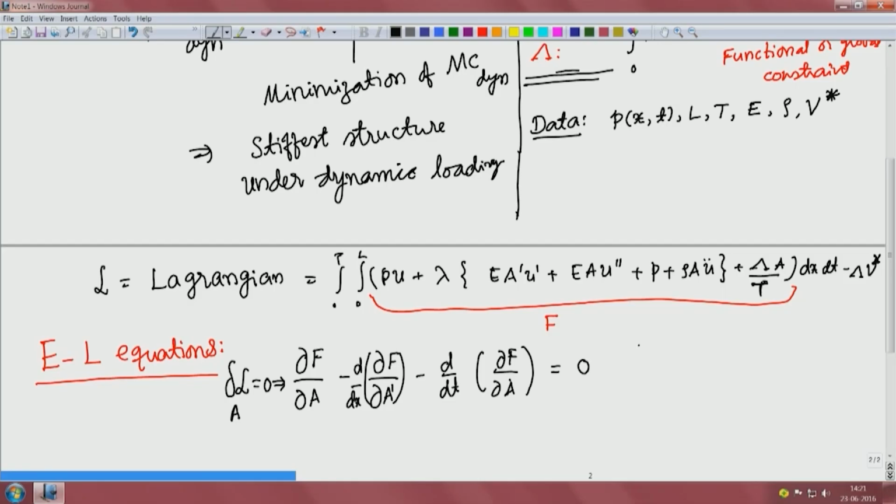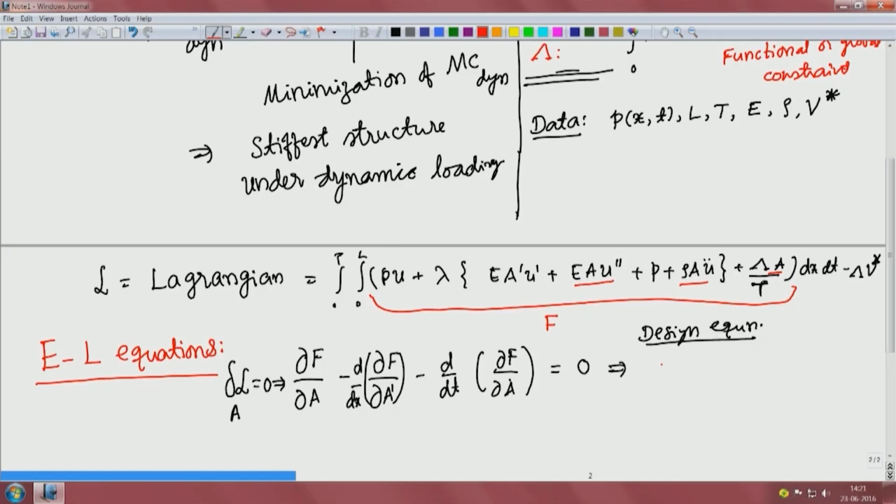That gives us what we call the design equation. In this case, wherever a is, let me just underline, a is here, and a is also here.